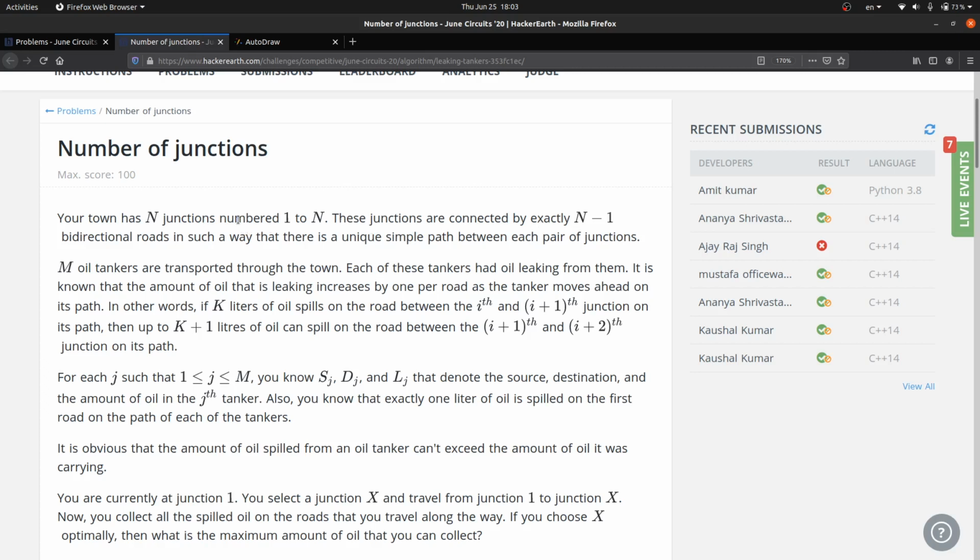It is a graph that is fully connected and has n minus 1 bidirectional roads. Bidirectional means the graph is undirected, and exactly n minus 1 roads means the graph cannot contain a cycle. If the graph is connected and does not have a cycle, that means it is a tree. So we are clear on one point: the graph is a tree.